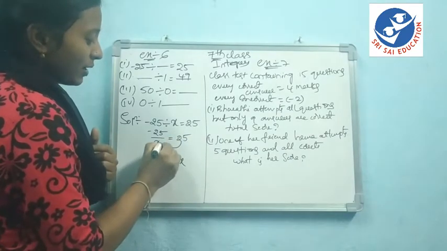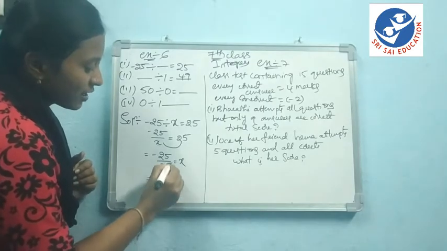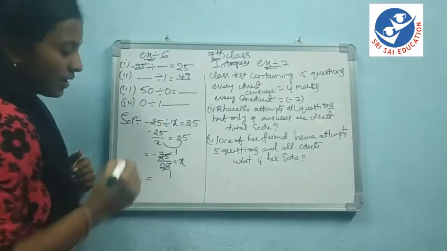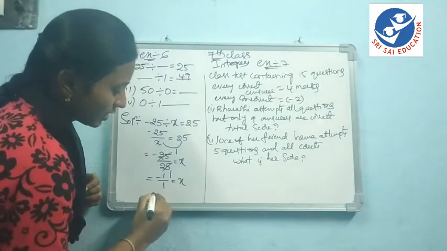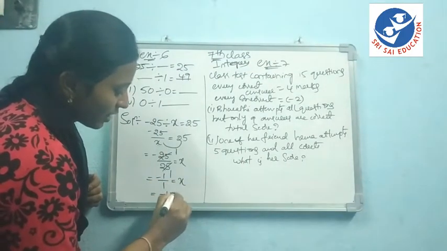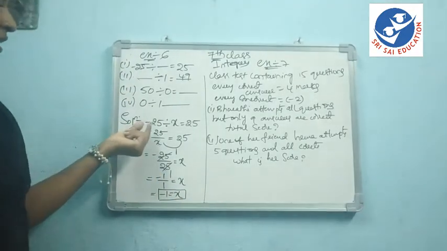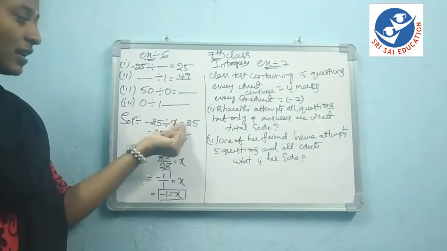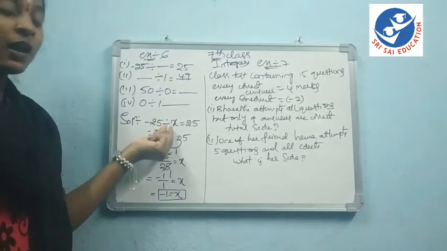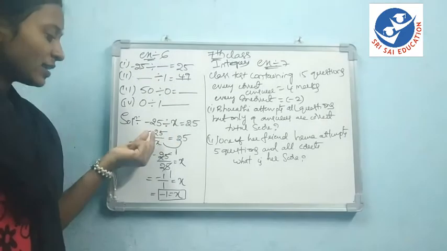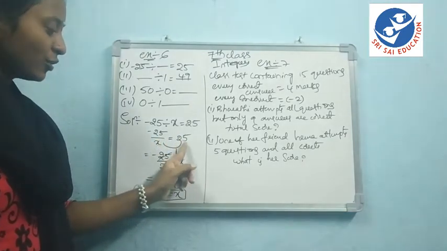25 ones are 25, ones are. That is minus 1 by 1 equal to x. That is minus 1. x equal to minus 1. Understand? Minus 25 divided by x means minus 25 by x equal to 25.